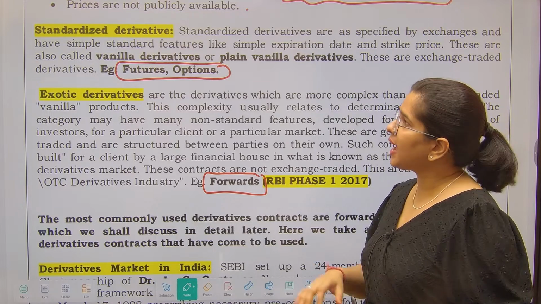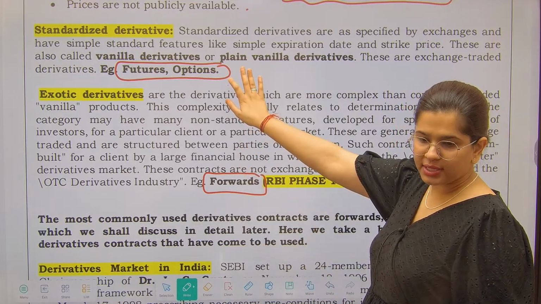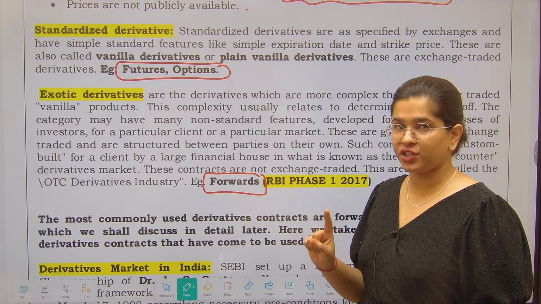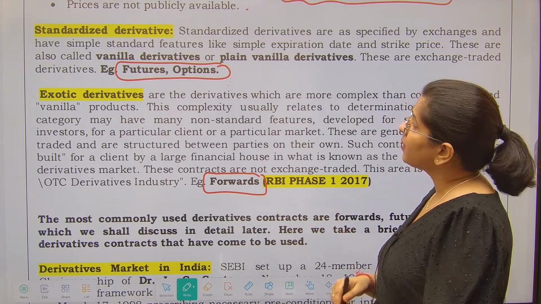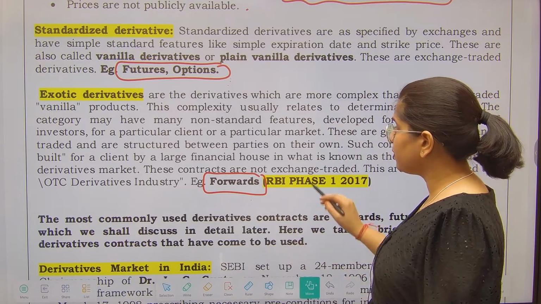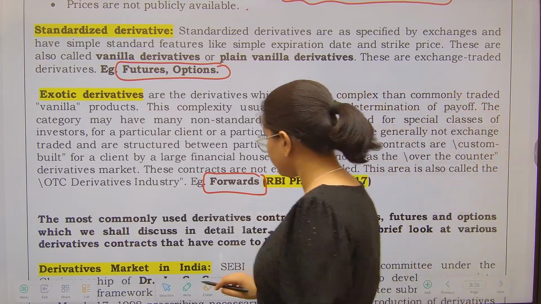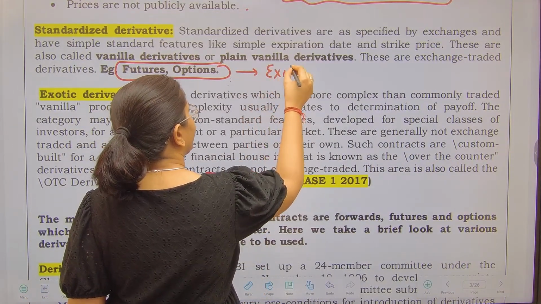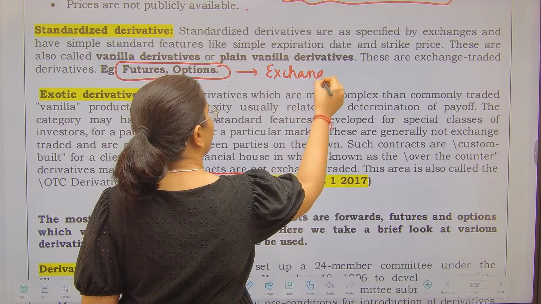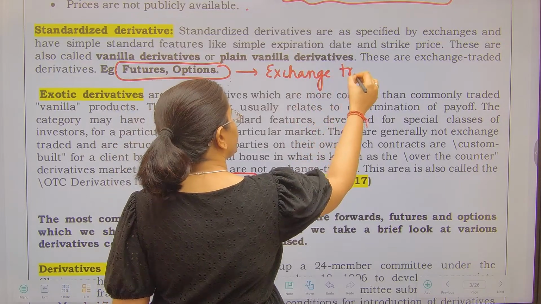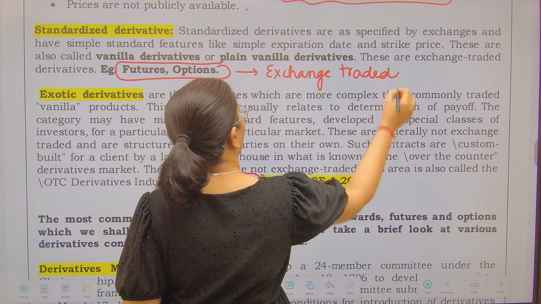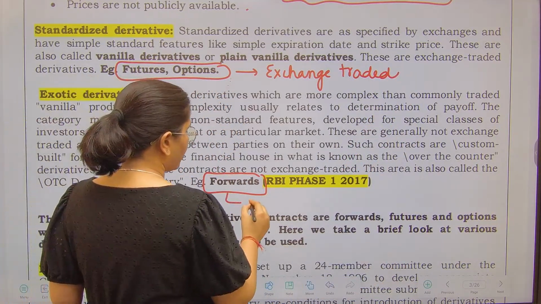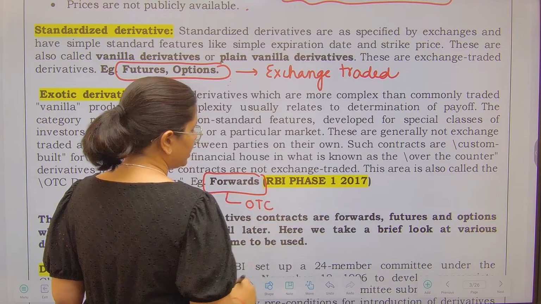I told you, futures and options are exchange traded. Forwards are not exchange traded. That means futures and options are exchange traded, meaning anyone who is interested can come and buy. Forwards are OTC, over the counter traded.